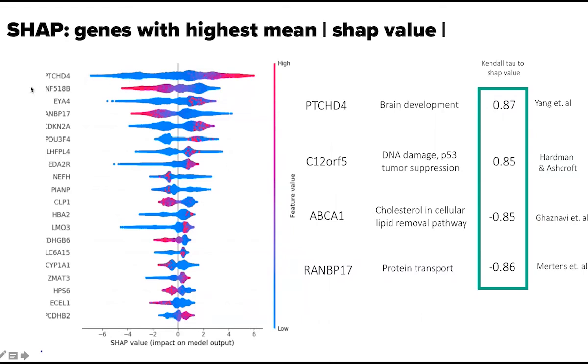We also can see here a strong feature that is an anti-aging gene, because when it has high expression values, it has a negative SHAP value, and when it has low expression values, the SHAP value is bigger. So using this technique, we can look at the direction of each gene to understand how they impact our age estimate.